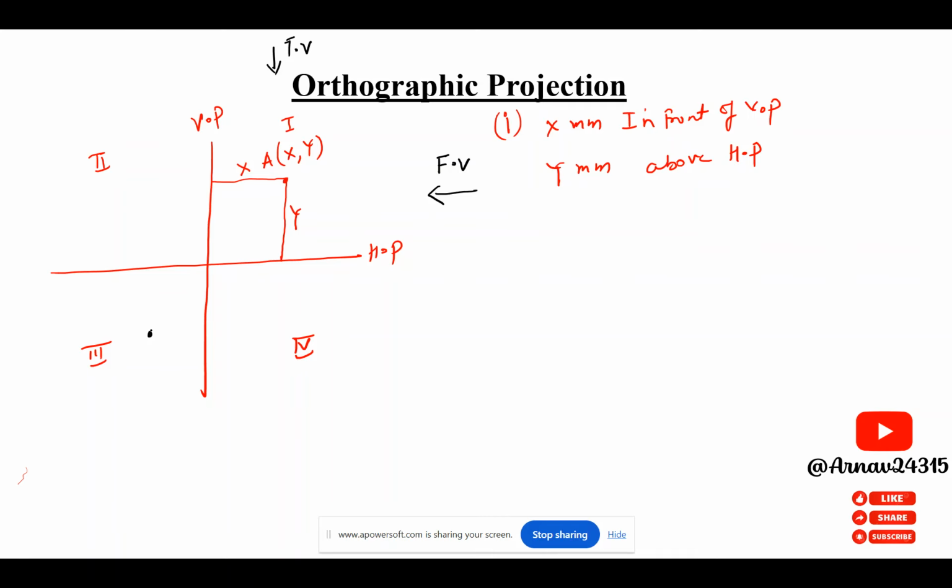We'll be able to see the image of this point on this horizontal plane. इसका image हमें कहाँ मिलेगा? इस horizontal plane पे इसका image मिलेगा. Okay, क्योंकि because again the light is going to reflect back. तो reflect back करेगा तो we can only observe the projection on the plane of projection. तो इसलिए हमें plane of projection में इसका image मिला. However, I am going to discuss in detail. Okay, now look at here.